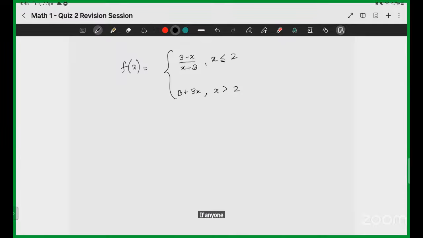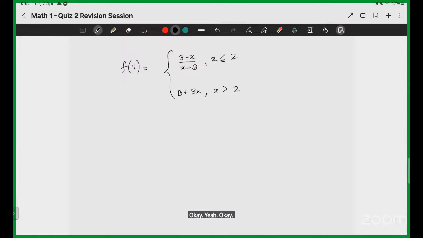If anyone gets the answer, please let us know. Sir, I'm getting the value as -8 plus minus root under 20 by 2.